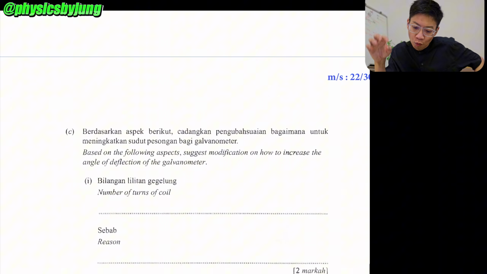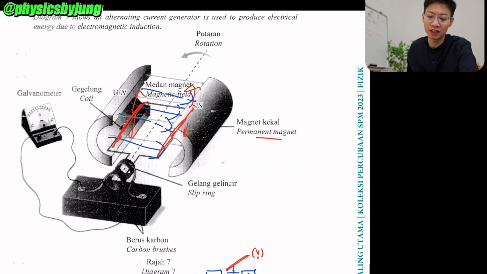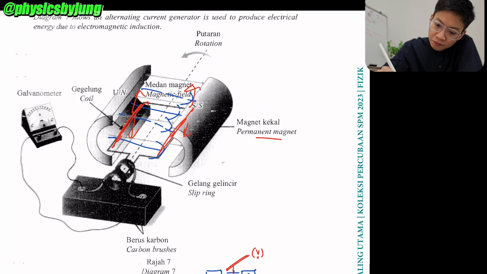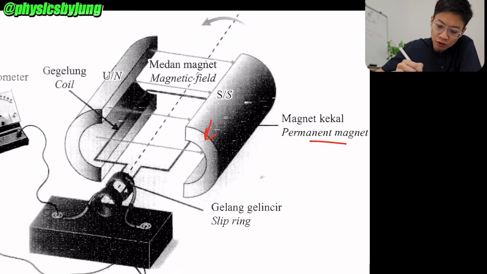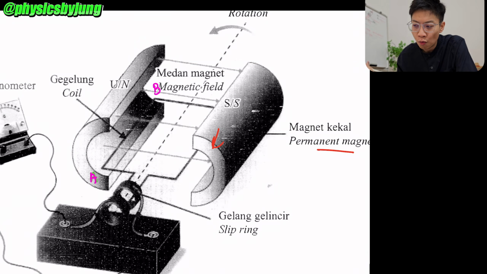Okay. Now, what if we want to make this a bit more interesting? Okay, for example, let's just try to learn how to find the direction of the current. Okay, so now will your current here flow from, let's say I use pink color, A, B. Okay, so will my current flow from A to B or from B to A?